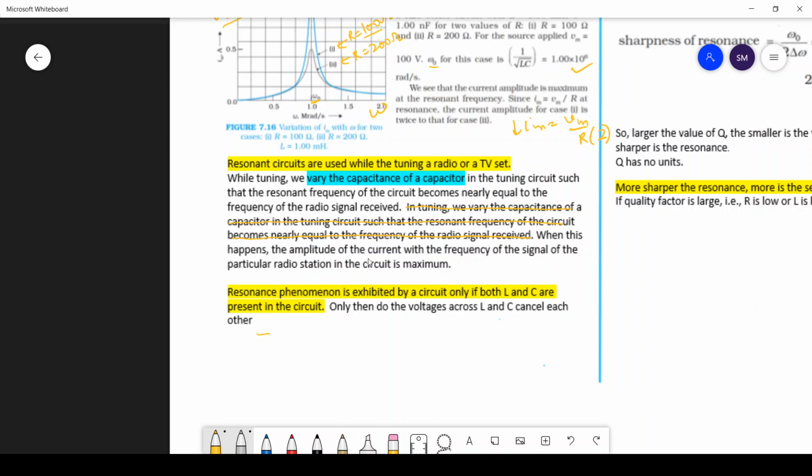When this happens, the amplitude of the current with the frequency of the signal of the particular radio station in the circuit is maximum.